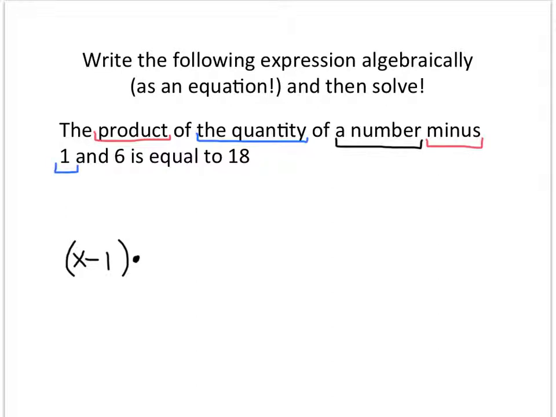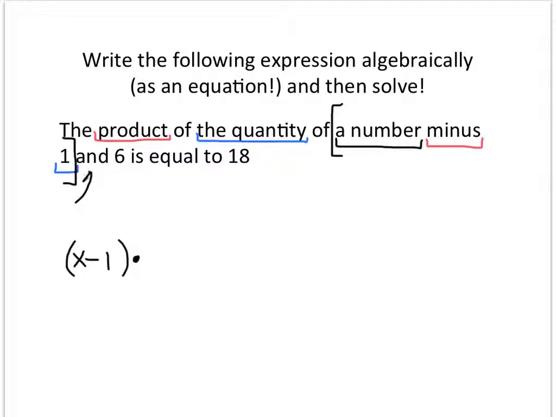Okay, so again, product gave me the dot here. Then they said the quantity, so I put up the parentheses. Of, everything that comes after the quantity of is going inside the parentheses. See how a number minus 1 all came right after that phrase, the quantity of, so x minus 1 goes in the parentheses.